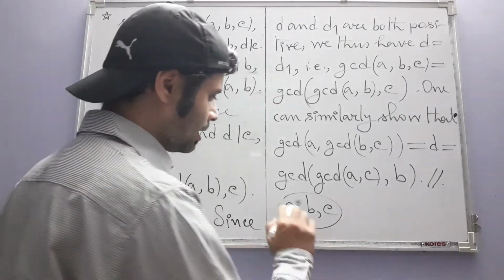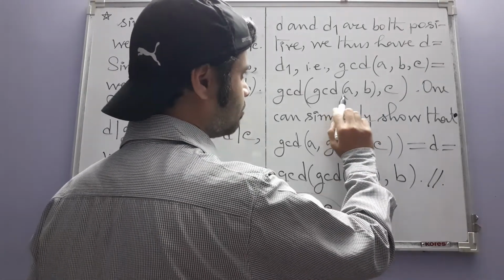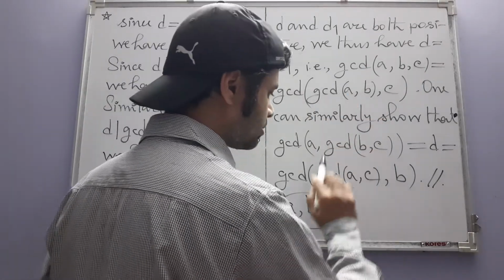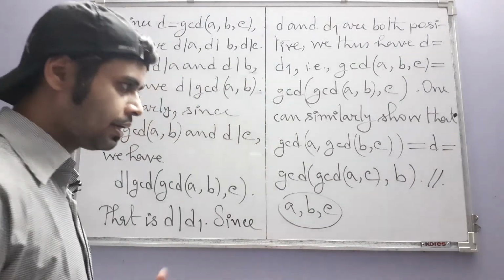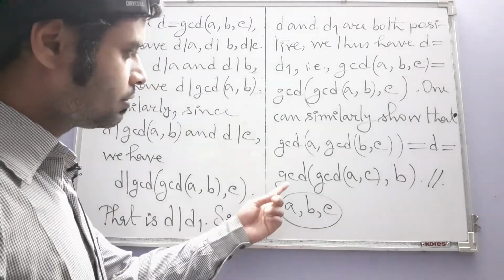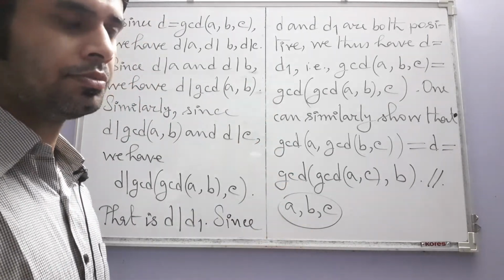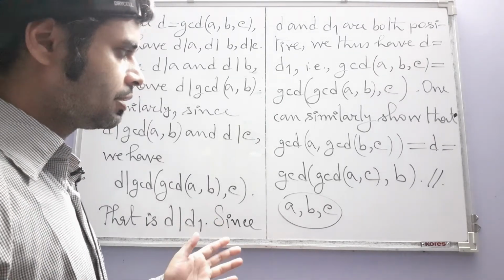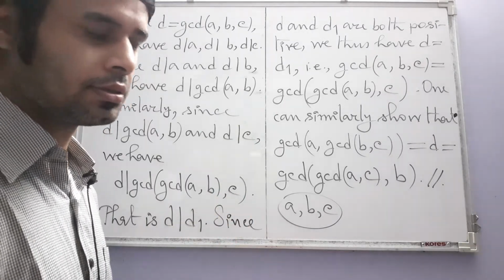That means GCD of A and B, GCD of B and C, GCD of A and C, they exist. But we have the outer GCDs also. How do we make sure that they also exist?